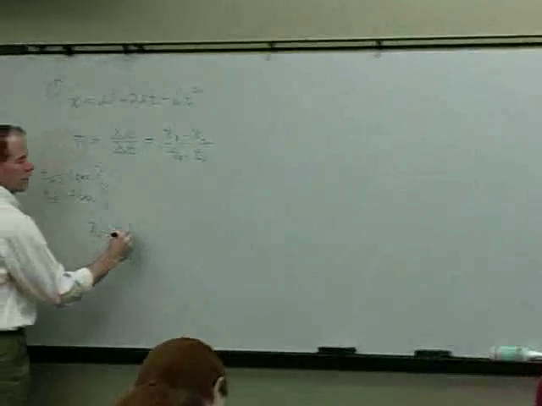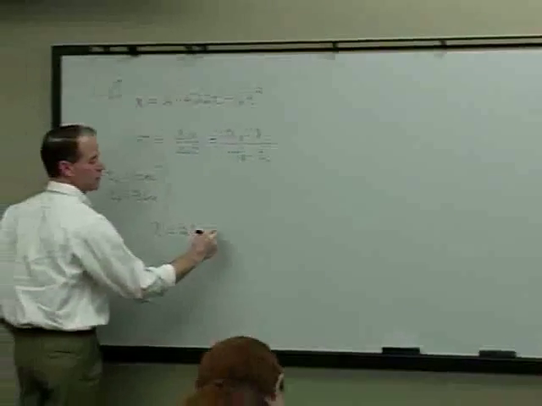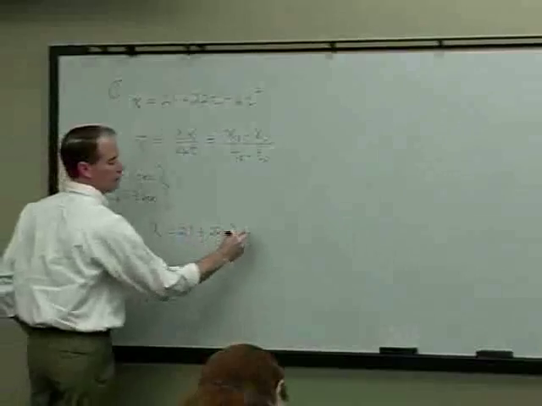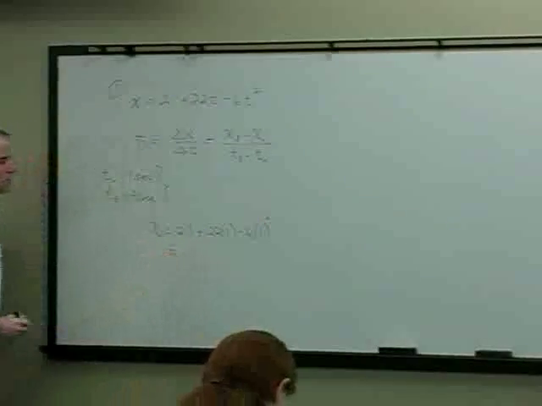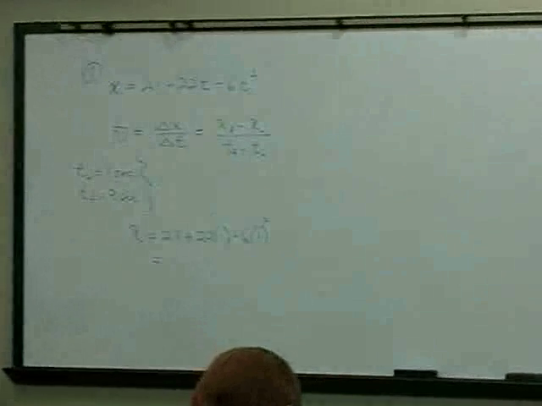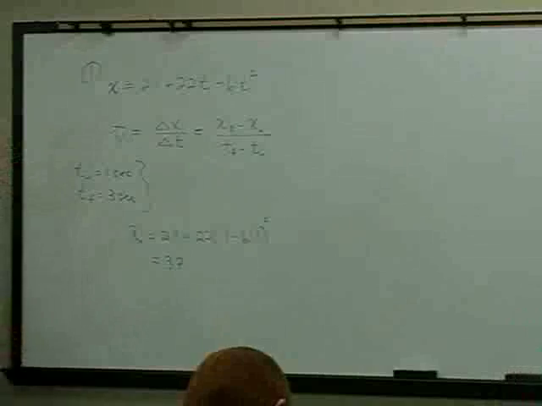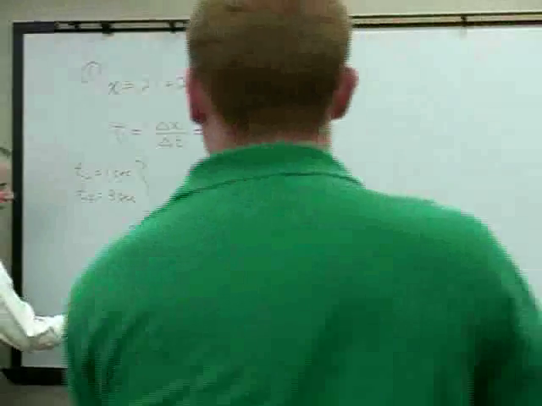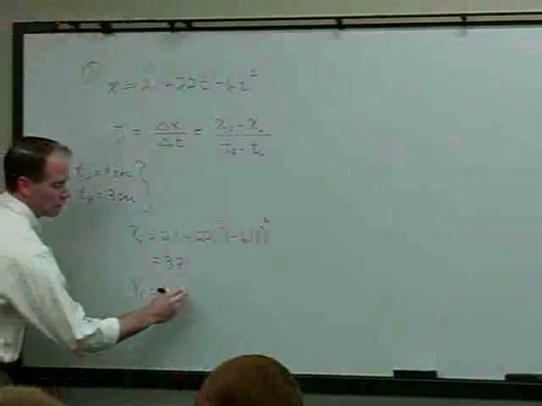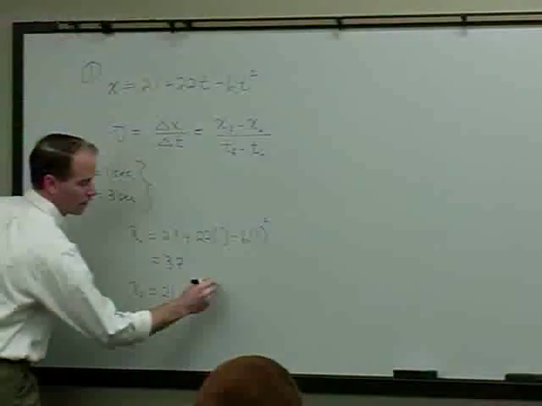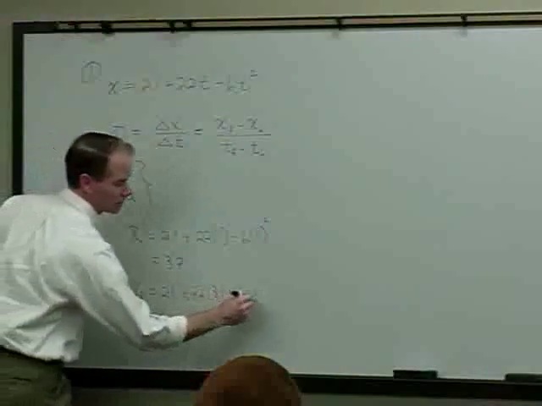It would be 21 plus 22 times 1 minus 6 times 1 squared, which would be 43 minus 6, or 37. And x final position would be 21 plus 22 times 3 minus 6 times 3 squared.